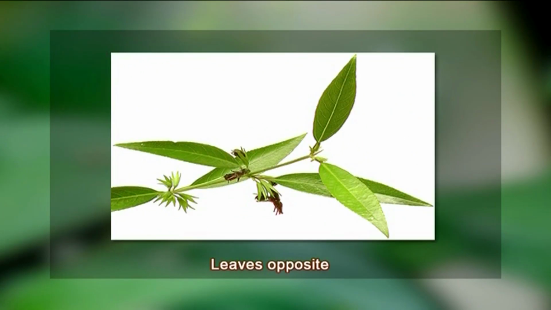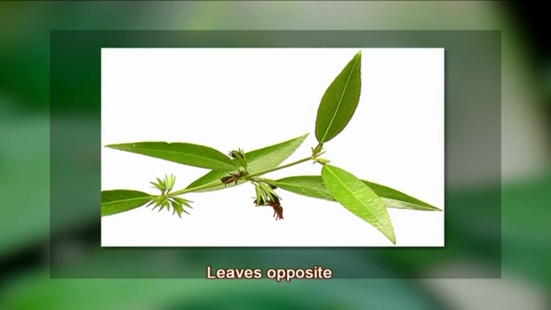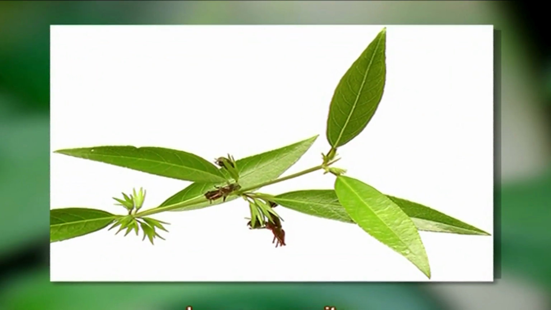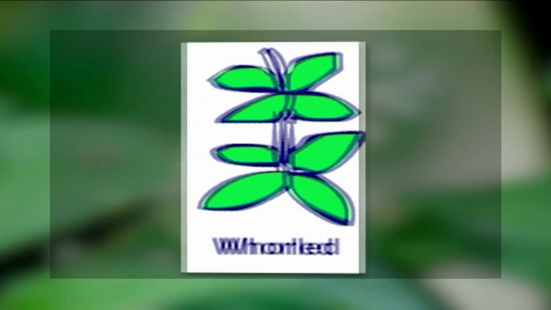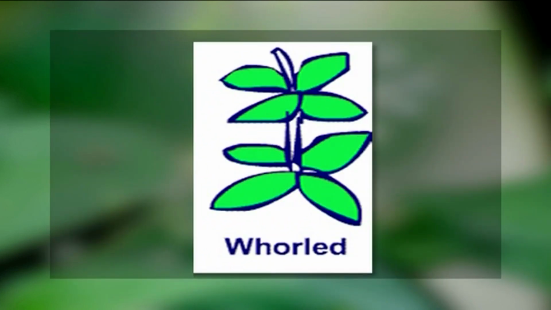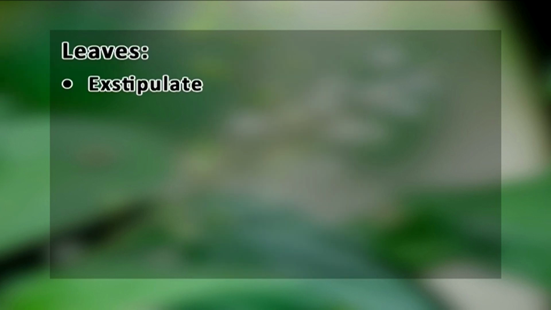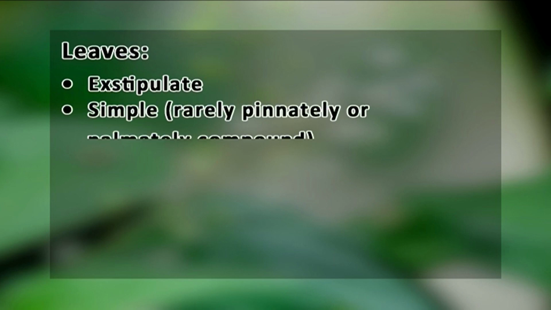Now, leaves. The leaves in Lamiaceae are usually opposite in arrangement, and they show a pattern called decussate. They can be occasionally whorled or very rarely even spiral. The leaves are without stipules, that's why they are called exstipulate. The leaves are simple, very rarely they can be either pinnately or palmately compound, but those instances are very rare.